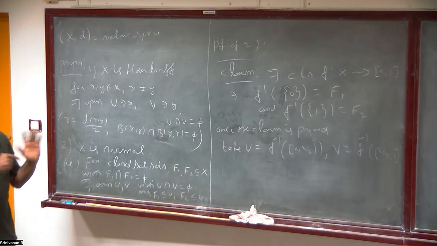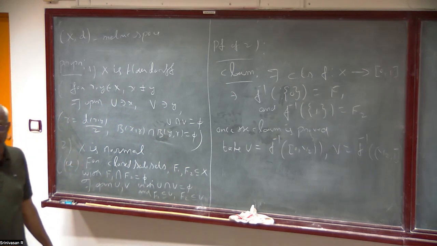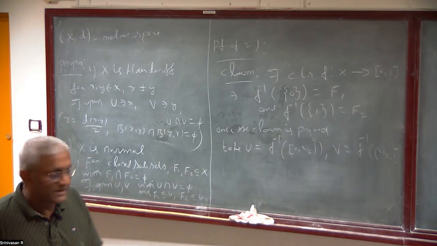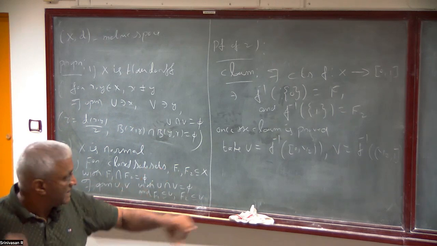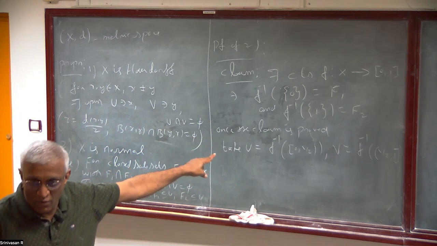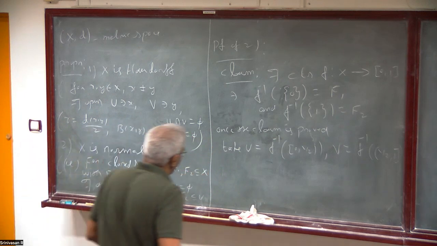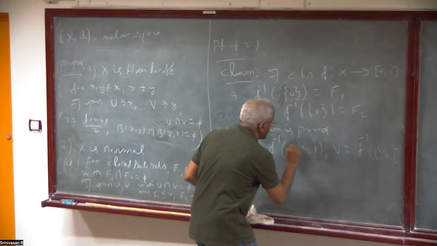The inverse image of disjoint sets is disjoint. [0, 1/2) is not open in the real line, but in this metric space, it is open. If you want, you can take -1 if you wish.